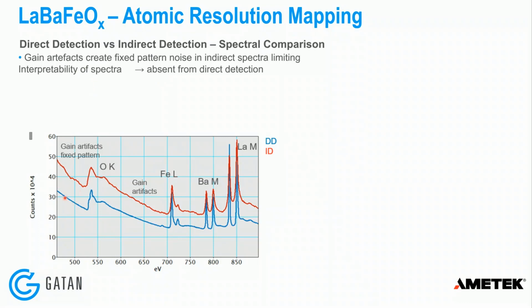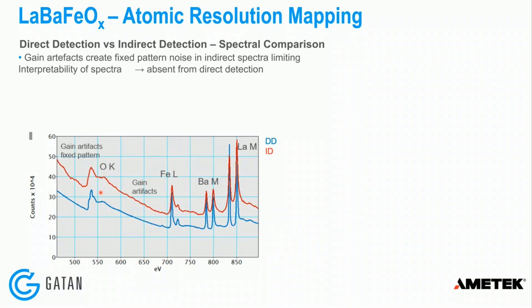If we look at the difference between the red, which is the indirect data, and the blue, which is the counting data, you can see that we have a really nice, smooth background on the counting data, and then again here. But the red has these chunky, jagged artifacts.